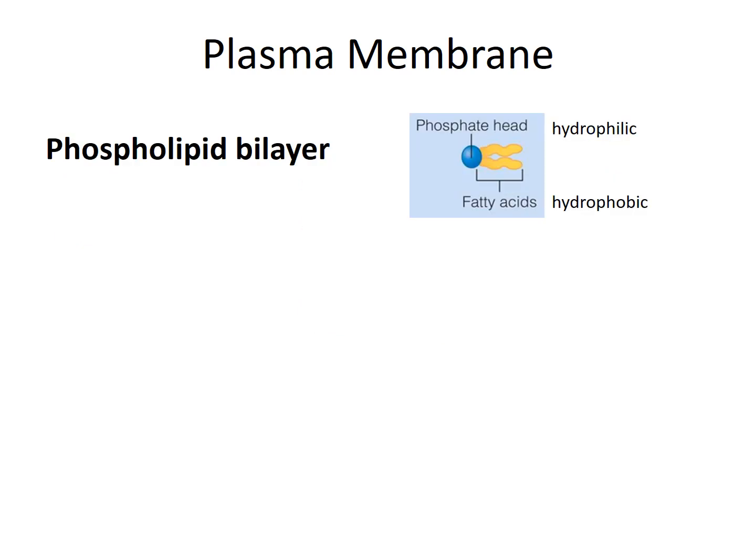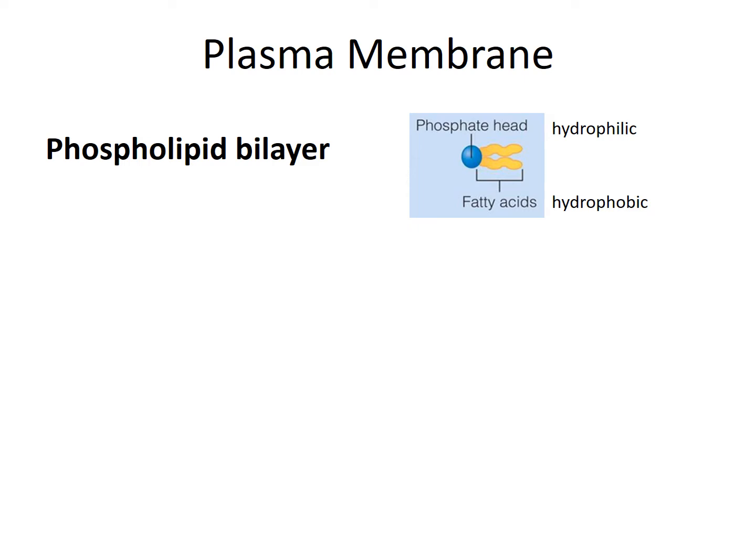Here you can see a cartoon rendering of a phospholipid. This is just one phospholipid. You'll notice that it has a phosphate head where there is a phosphorus atom attached to oxygens, and because of the electronegativity difference between these two atoms, they form a polar covalent bond, making the phosphate head of the phospholipid hydrophilic.